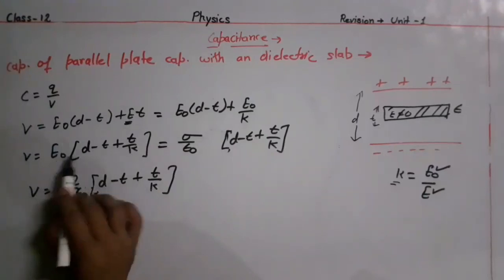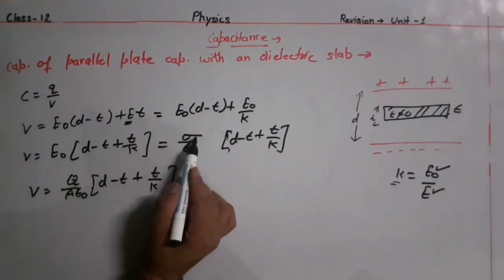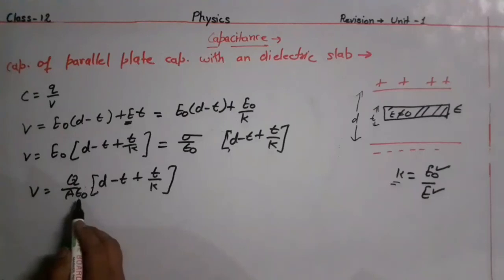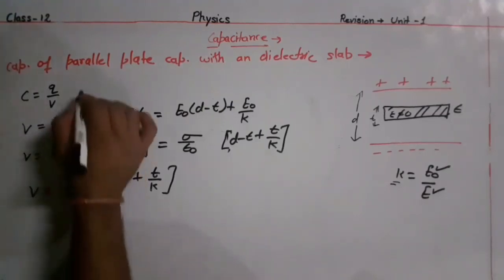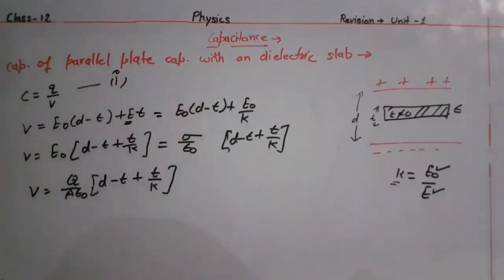By putting the value of E naught, which is sigma by epsilon naught, now we are putting the value of sigma, which is Q by A into epsilon naught. Now let's put this value in equation first. Again, use capital Q.